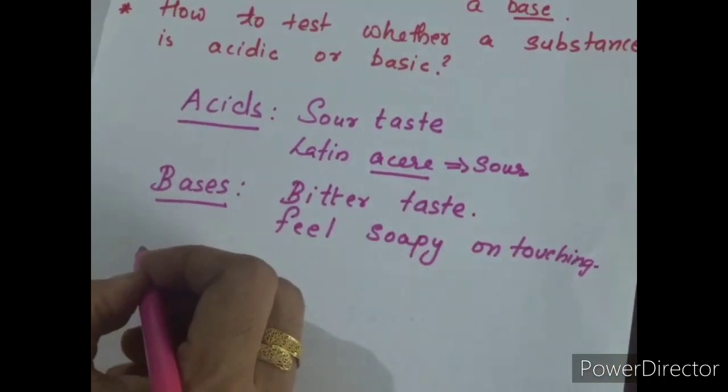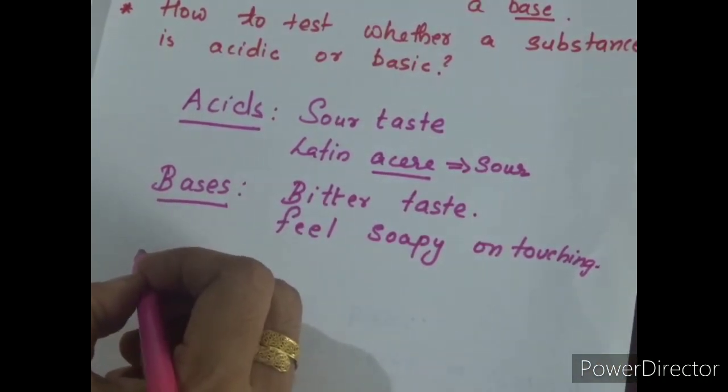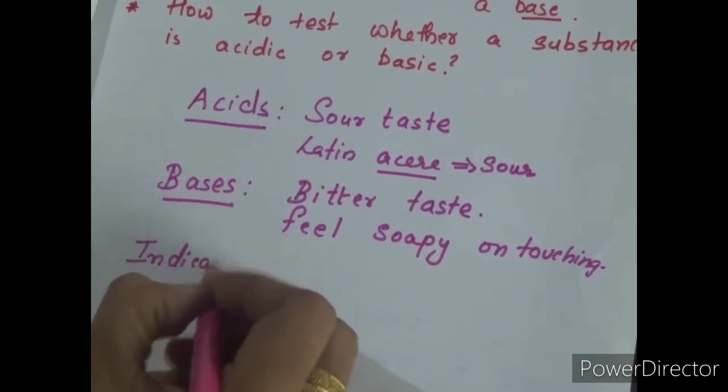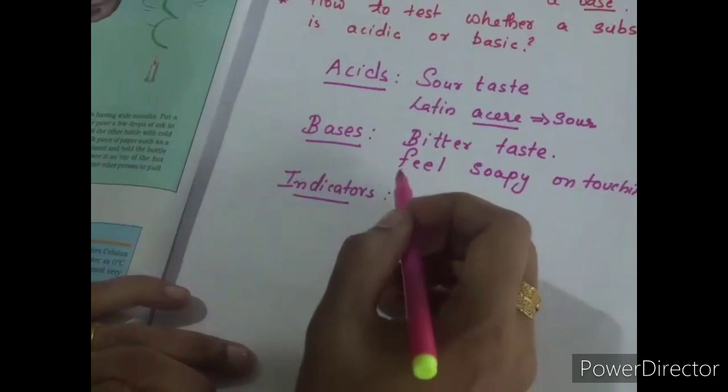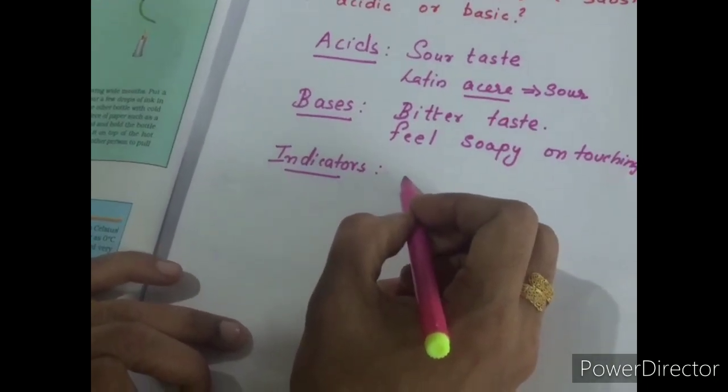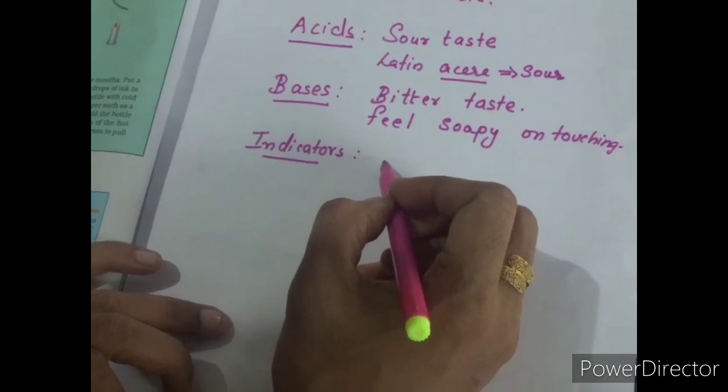To test whether a substance is acidic or basic, special substances called indicators are used. Indicators are special substances which have a definite color in acidic and basic medium.